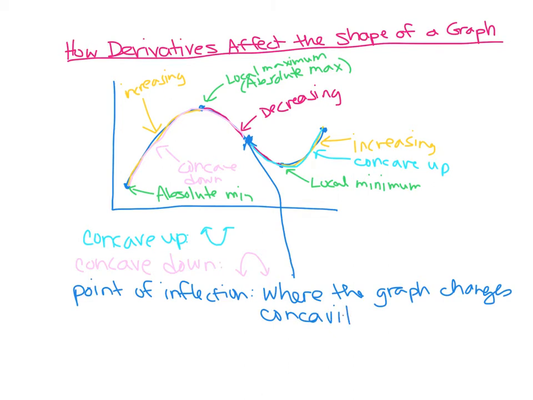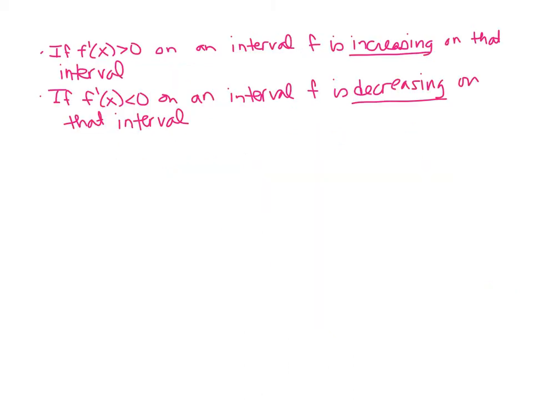So let's talk about how to find this stuff using calculus. Our first little rule has to do with increasing and decreasing. If our graph is increasing, then at that point our derivative is going to be positive. And when our derivative is negative, that means that our function is decreasing at that point.